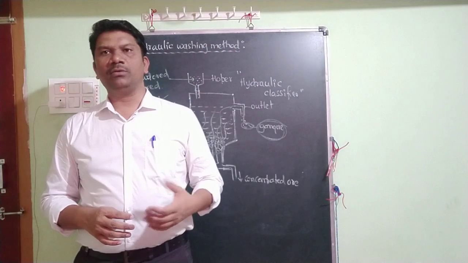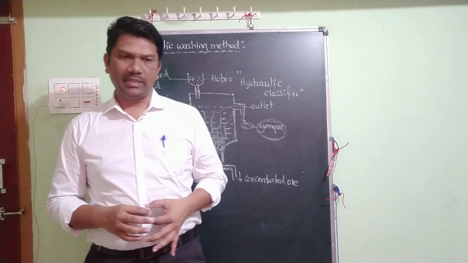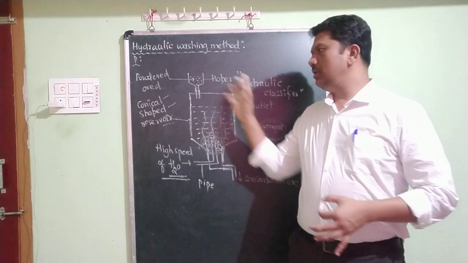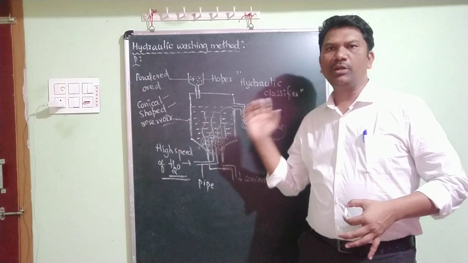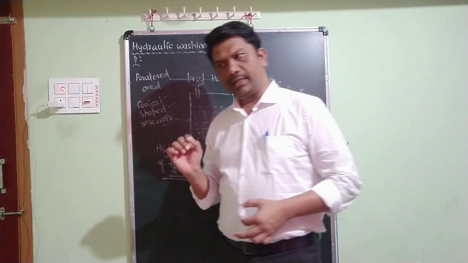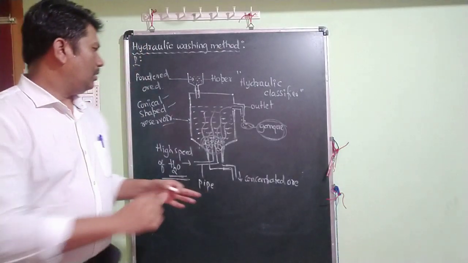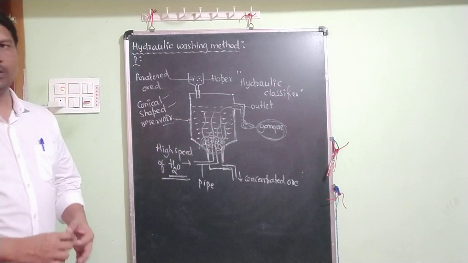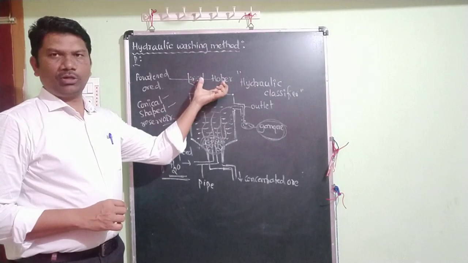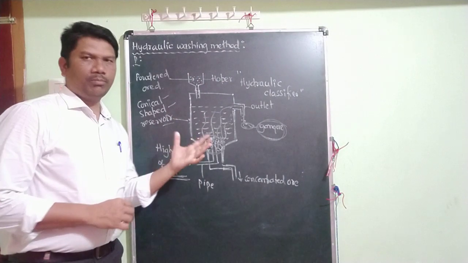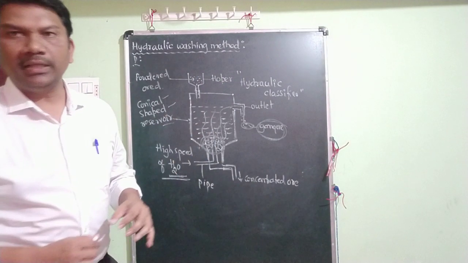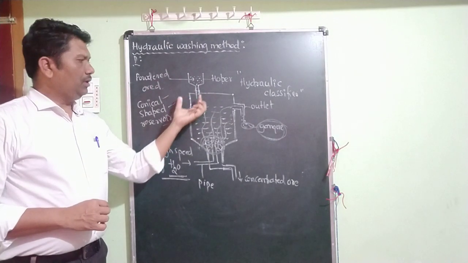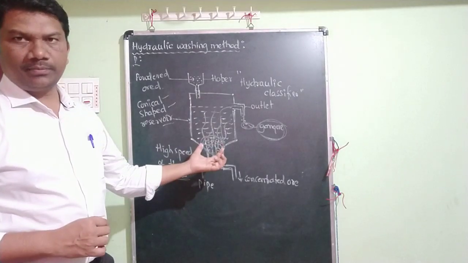Next, process. What is the process involved in this method? The hydraulic classifier is one device, and it consists of a conical shaped reservoir having hopper at the top and pipe at the bottom. The powdered ore is dropped through the hopper into the conical shaped reservoir.